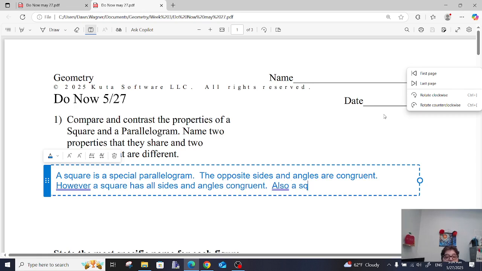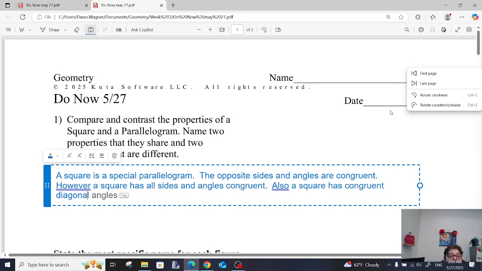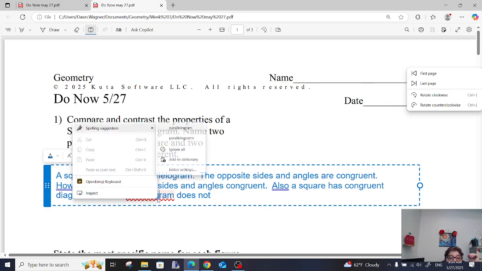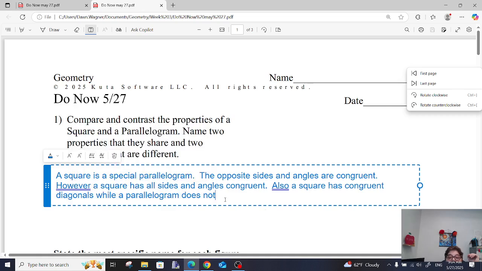Also, a square has congruent diagonals, while a parallelogram does not. Ooh, did I spell parallelogram wrong? I spelled it right earlier. Okay, there we go.